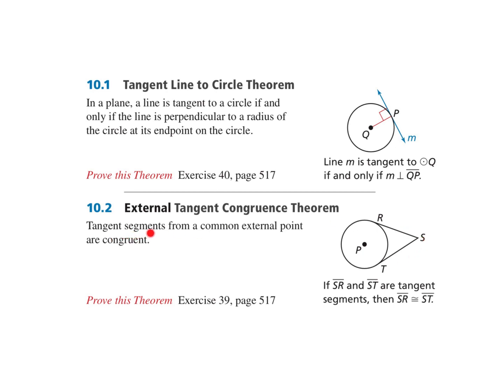Tangent segments from a common external point. So SR is tangent, is what it's saying. At point R, it's perpendicular, and at point T, it's perpendicular. So the tangent segments from a common external point are congruent. It says that these have to be equal to each other.